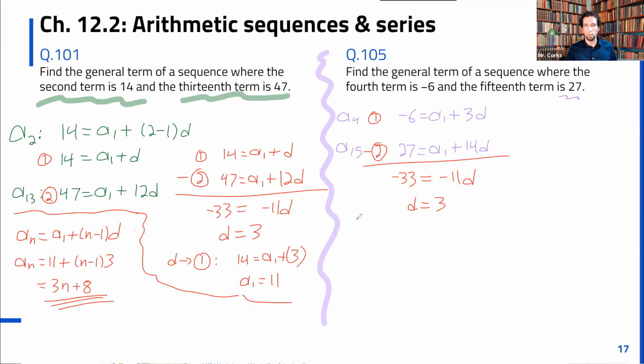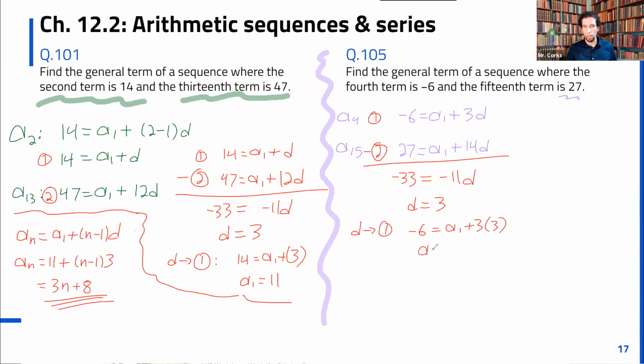And we'll take this and substitute d into equation 1. So -6 is equal to a1 plus 3 times 3 here.